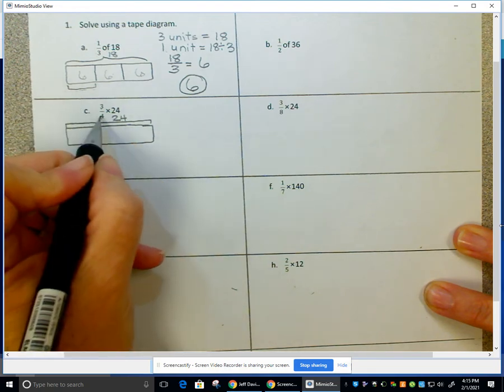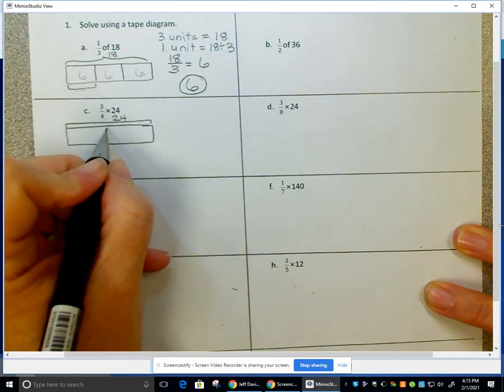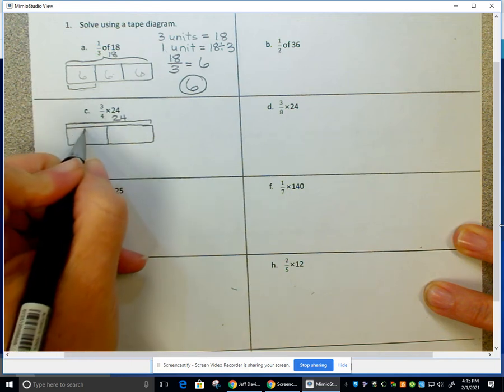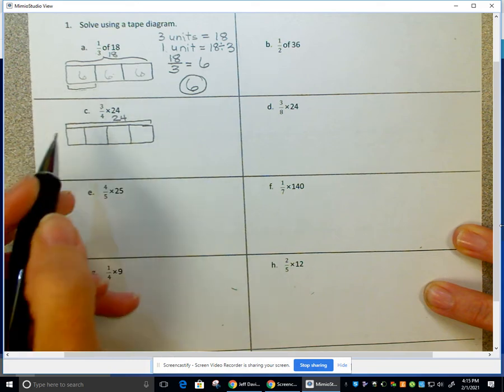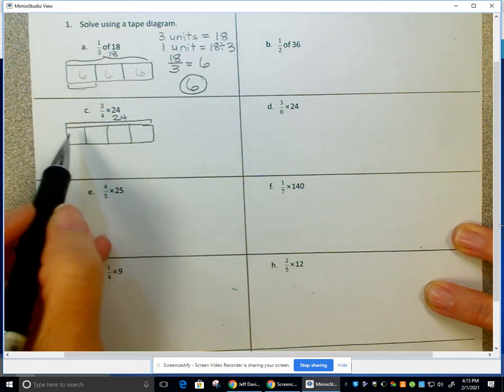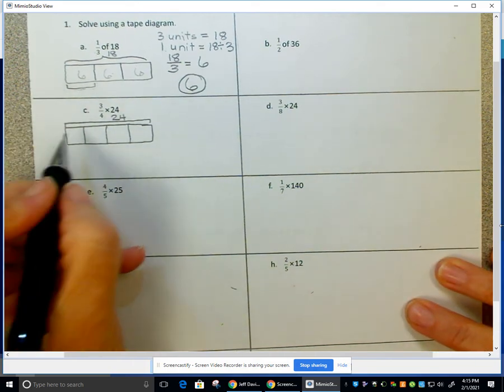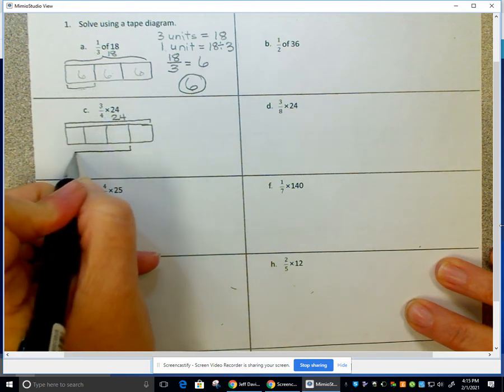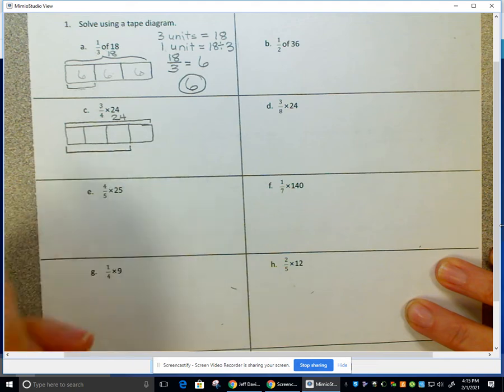And it's going to be in 4 parts. So let's fourth this. We know to fourth it, you do 1 in the middle and then half those. So they want to know what 3 of the 4 parts are. So they're going to want to know about these 3, right?